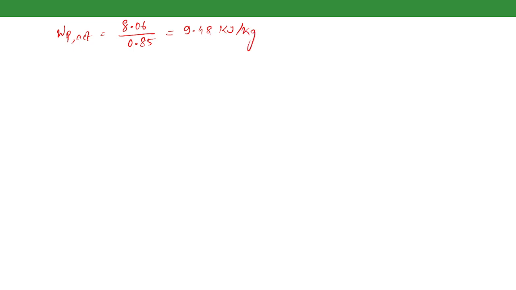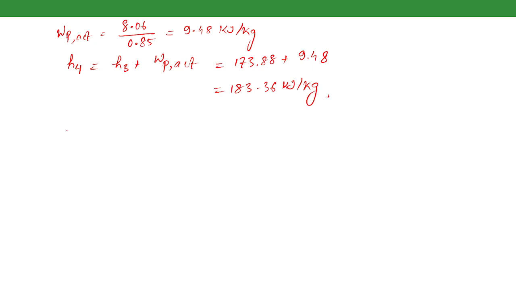Therefore H4 will be equal to H3 plus the actual pump work. So this is 173.88 plus 9.48, which is equal to 183.36 kilojoule per kg.